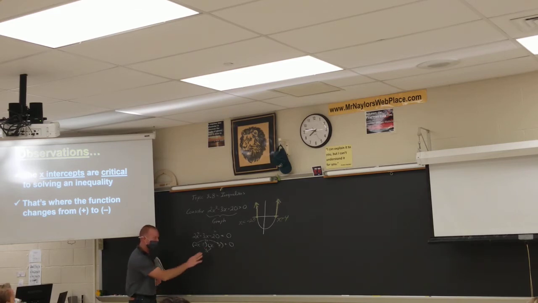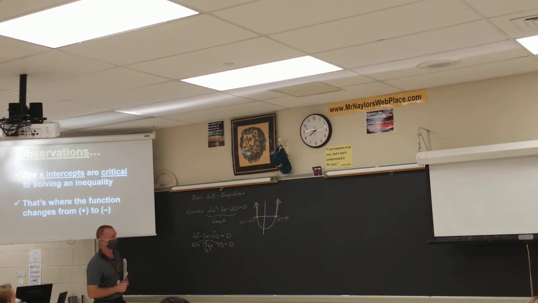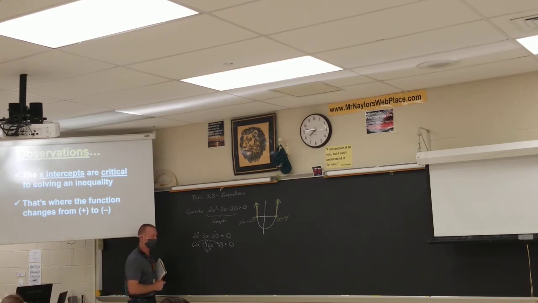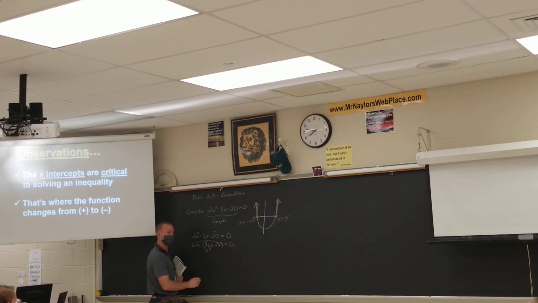And, well, 5x's and 8x's can become -3x's if the correct one is negative. Again, that's the Mr. Naylor method. It's really the British method simplified. If you want to use it, you're more than welcome. You don't even need to give me any credit. Make sure the 4 is the negative because you want the 8 to be the negative.